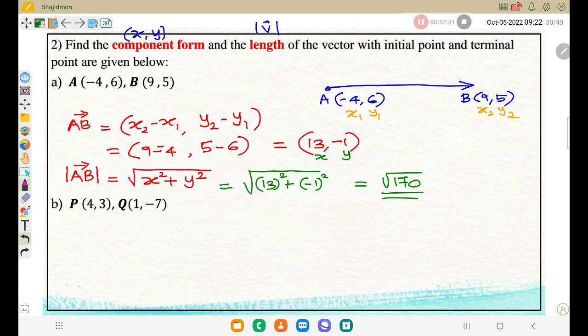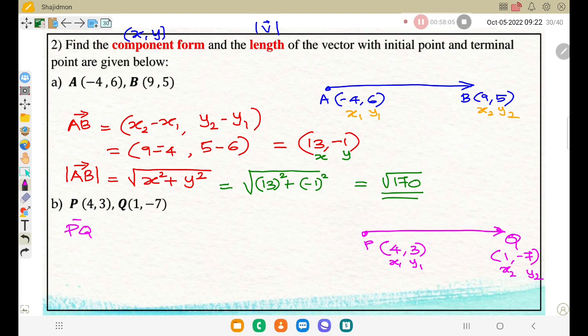Now we will go to the next question: P equals 4, 3 and Q equals 1, minus 7. Vector PQ, correct? P is 4, 3 and Q is 1, minus 7. So this is x1, y1, x2, y2. Vector PQ is x2 minus x1, comma y2 minus y1. That is 1 minus 4, comma minus 7 minus 3.